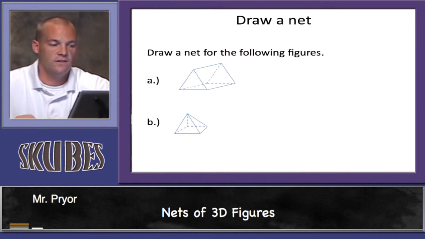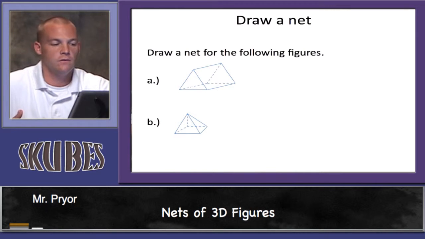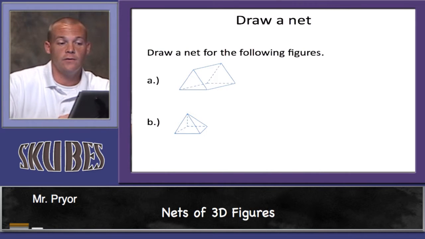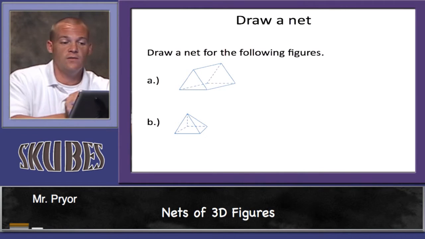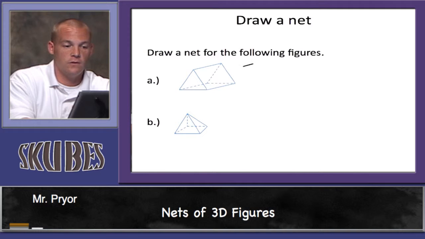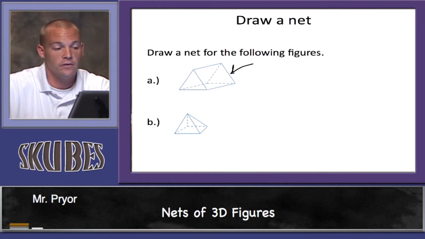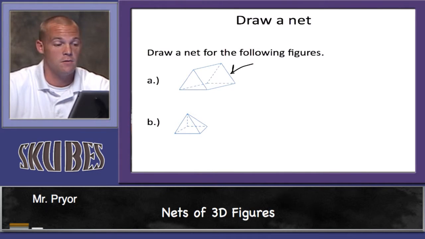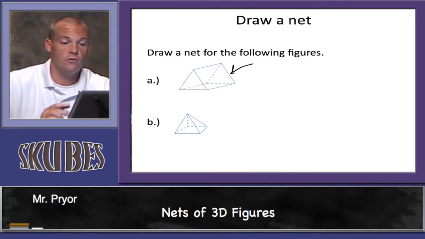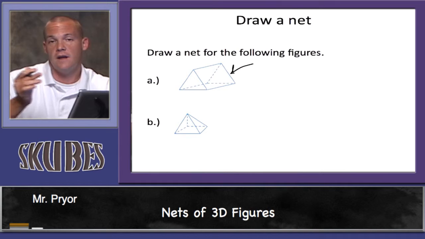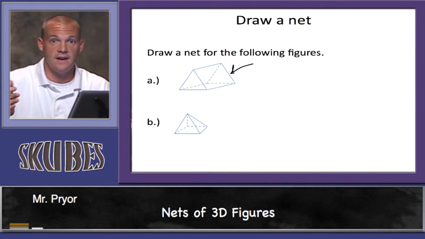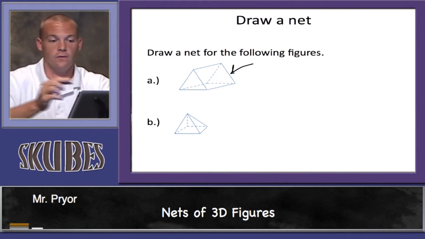Alright, so let's take a stab at trying to draw a few of these. First of all, it's good to identify them for what they are first, because that can then help us draw them. So this first shape here, letter A, is a triangular prism. We just saw the net of that a moment ago. To do a triangular prism, you need to make sure that you have a triangle working as a base on either side, and then you would unfold the rectangles.